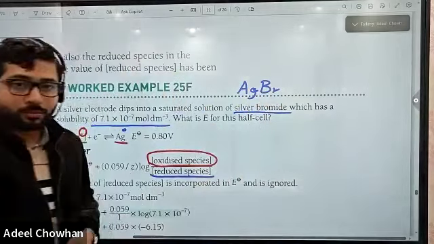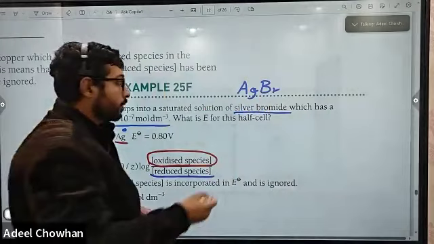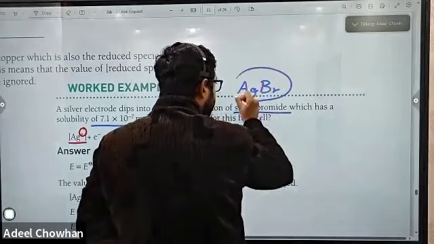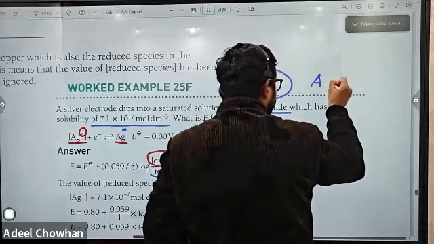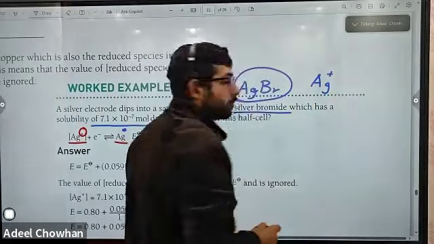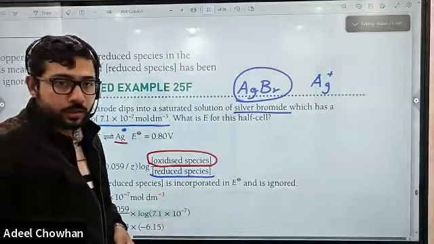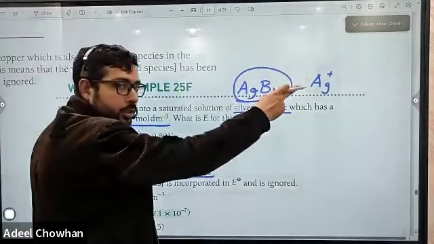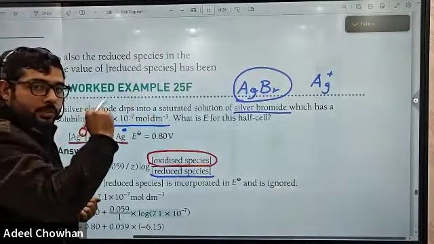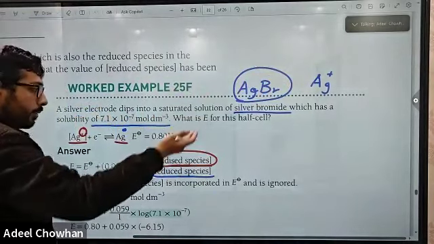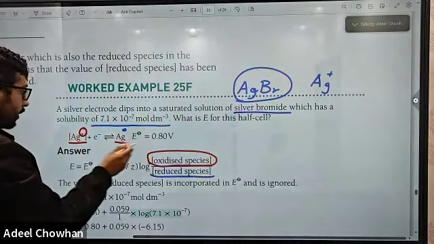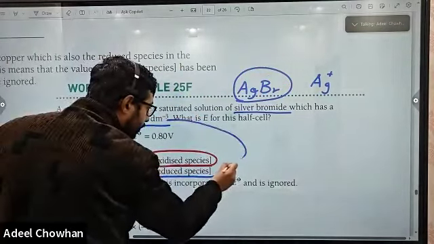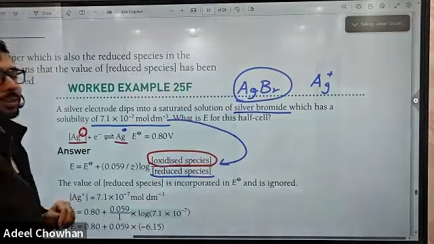That's fine. It's AgBr. So the concentration value belongs to this whole compound, but within this compound we know that Ag is present in the form of Ag plus, right? So this concentration is basically the concentration of Ag plus. We have identified Ag plus in this reaction as the oxidized form, so this value is the value of the oxidized species.